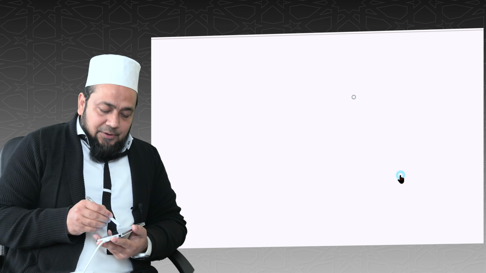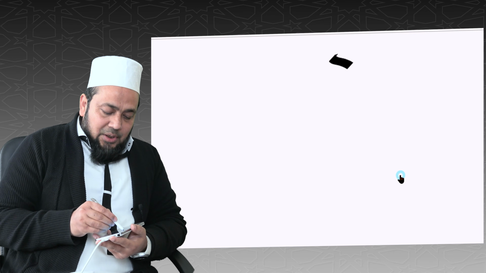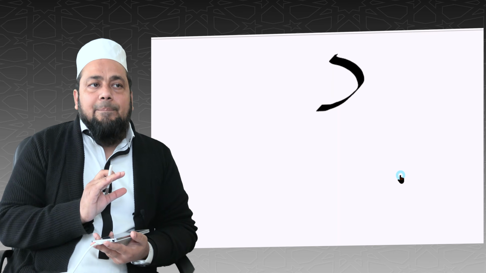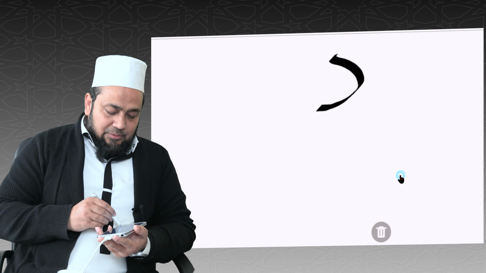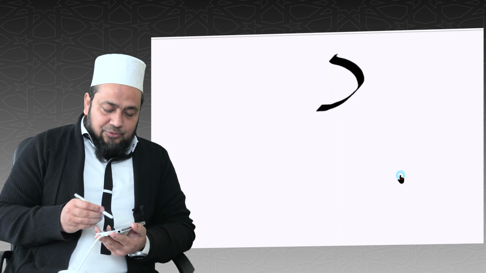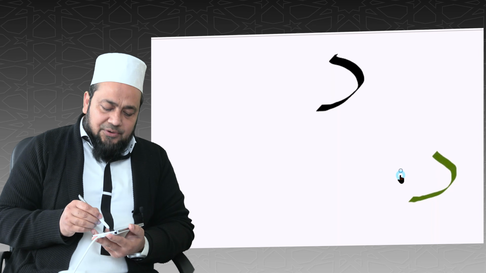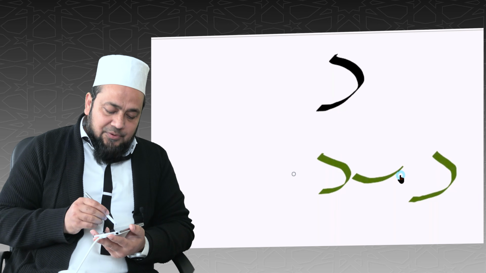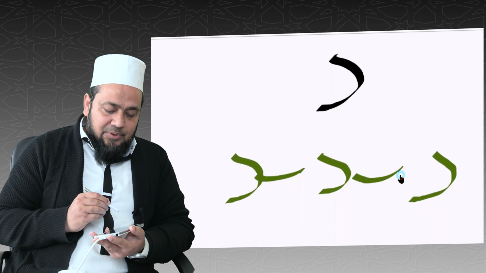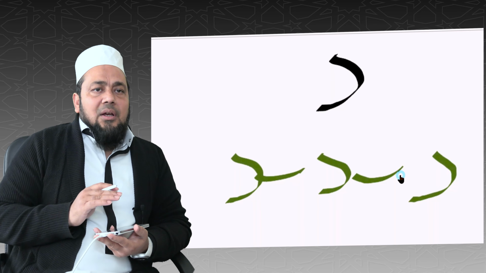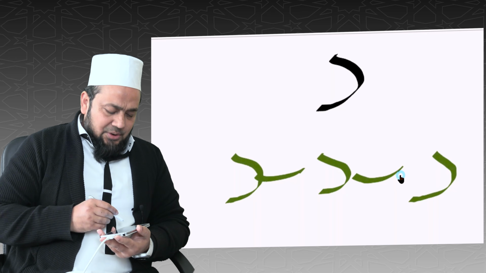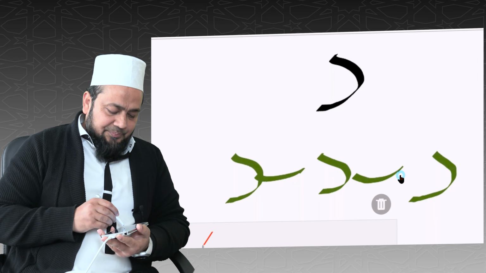Next letter is Dal. The stand-alone shape of Dal is this one. When it goes at the beginning of the word, the shape is this one, exactly the same. Middle of the word shape is this one, and end of the word shape is this one. More or less the same, there is not much difference.